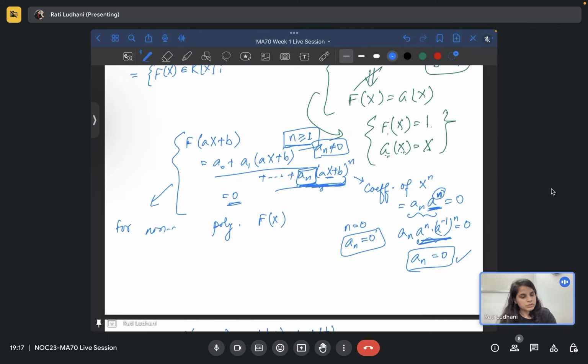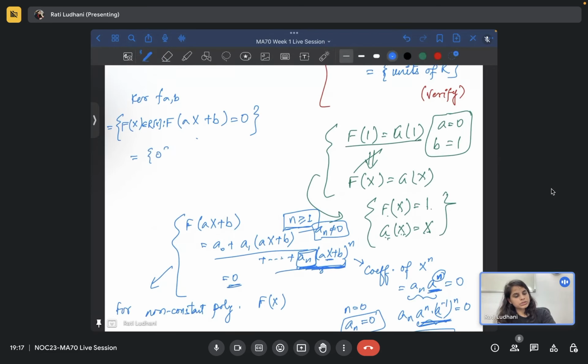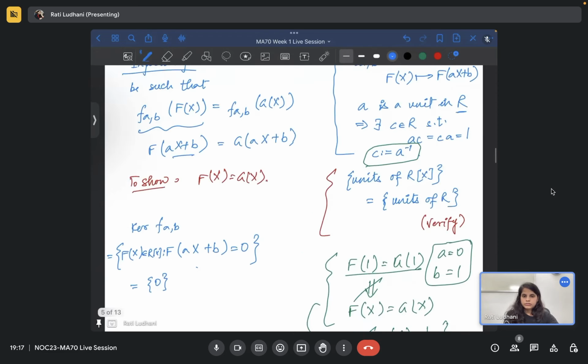And for a constant polynomial, whatever it is, let's say a_0, that has to be 0, which means the constant has to be 0. So this really means that f is equal to the zero polynomial. So this is okay. Right, this explanation is fairly okay. Is that clear for everyone?